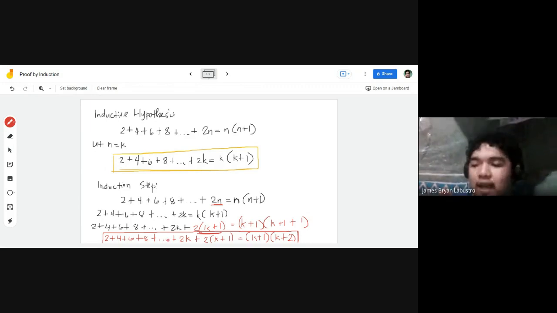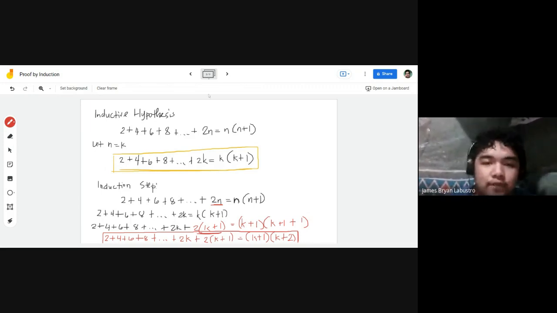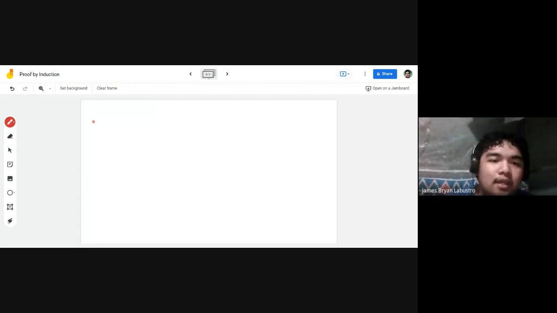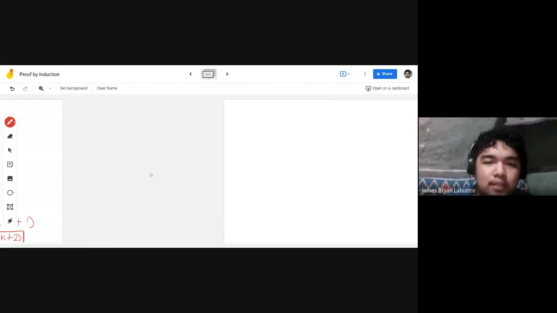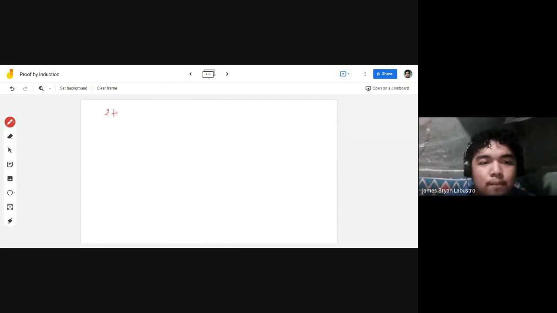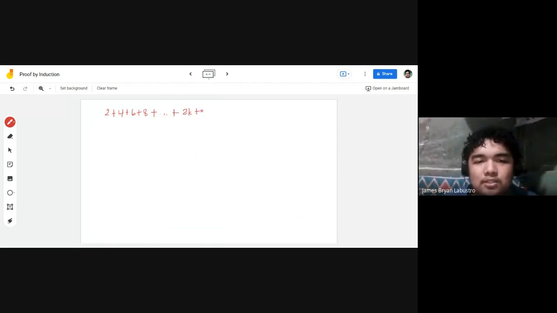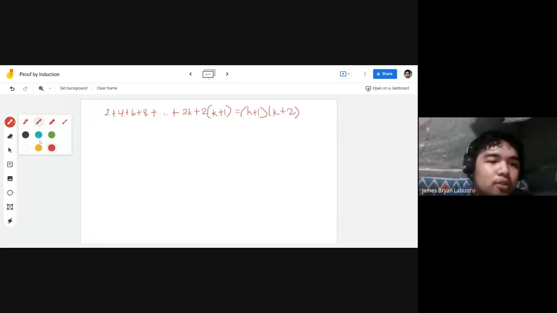This could be used to prove that the right-hand statement is equal to the left-hand statement. So how are we going to do that? After that, we rewrite the induction step: 2 plus 4 plus 6 plus 8 plus and so on plus 2k plus 2 times k plus 1 equals k plus 1 multiplied by k plus 2. How are we going to solve that?